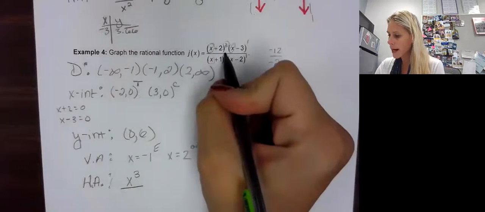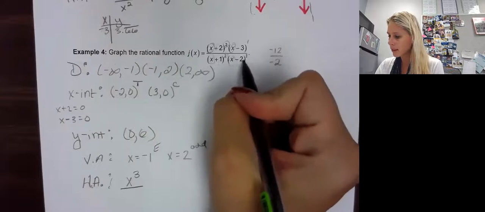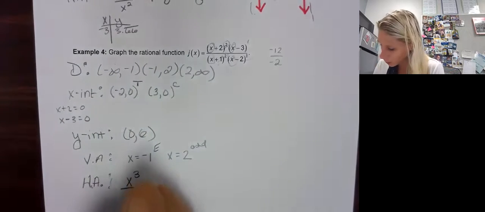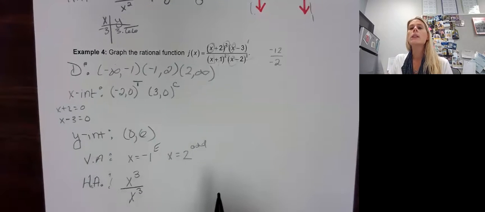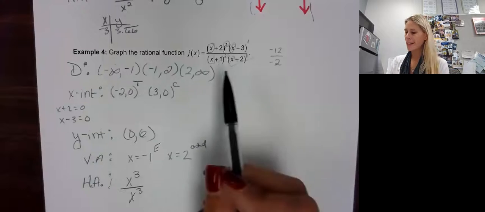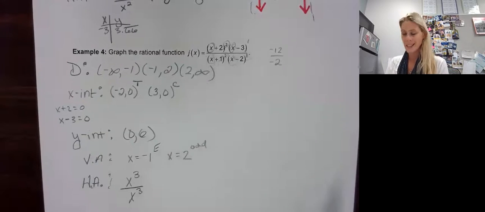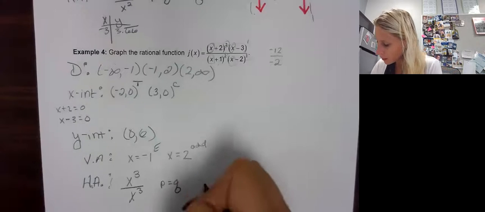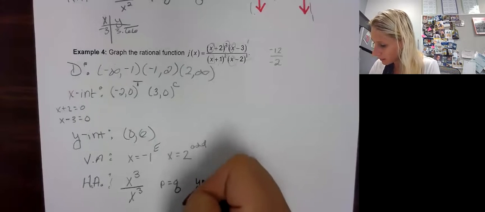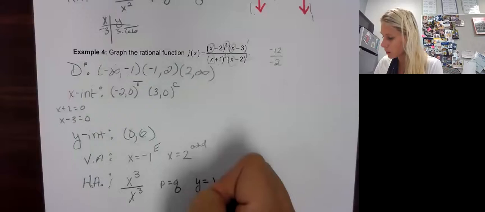X squared times x to the first is x cubed. I'm only doing that. I'm not foiling out all the way because all I need for horizontal asymptotes is to look at that leading term. So that means P and Q are equal, so I use the leading coefficient, which is y equals 1.